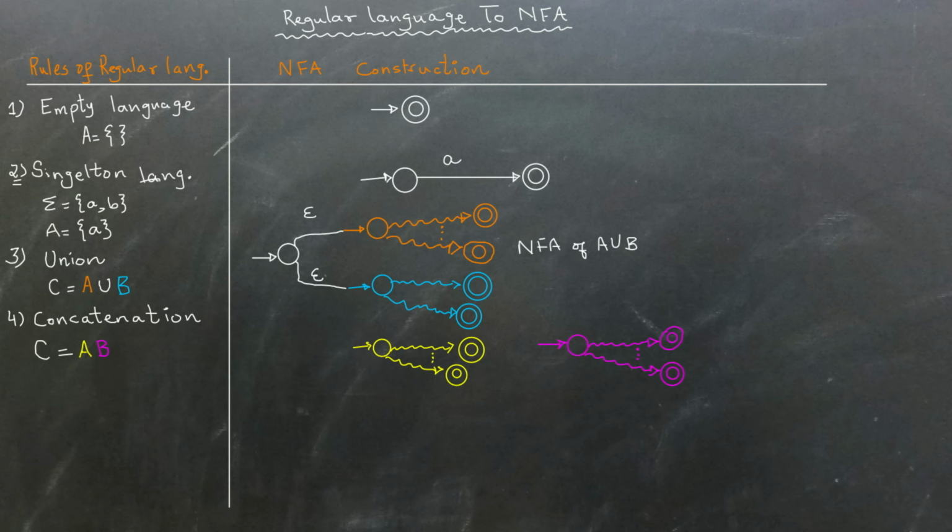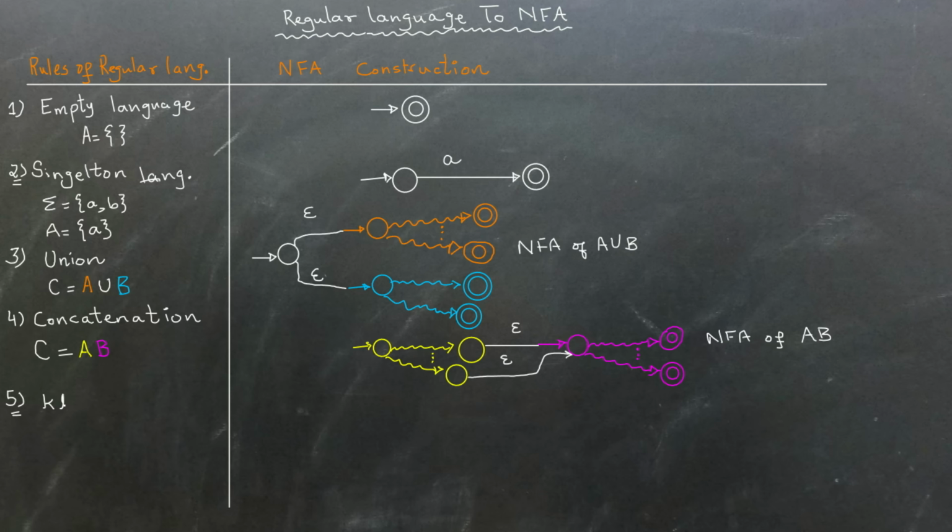To create the concatenated NFA, we add epsilon transitions from each final state of the NFA for A to the start state of NFA for B. Note that the final states of A are no longer considered final in the concatenated NFA. This diagram represents the NFA for the concatenation of A and B.